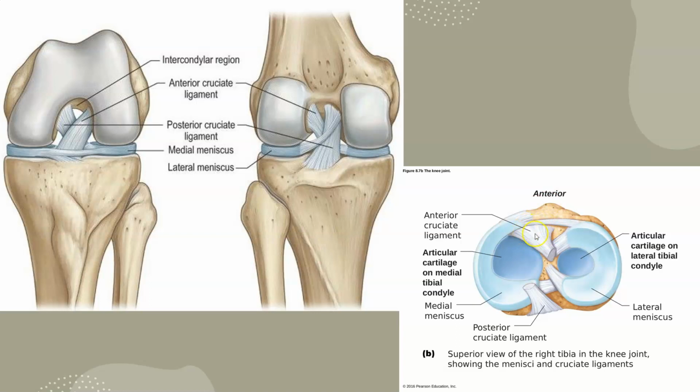So obviously the anterior cruciate comes from here anteriorly, hence its name. And then the posterior arises from the posterior aspect of the proximal tibia, hence the reason why it's called the posterior cruciate ligament. You can see how they cross each other, from anterior back and from posterior forward.